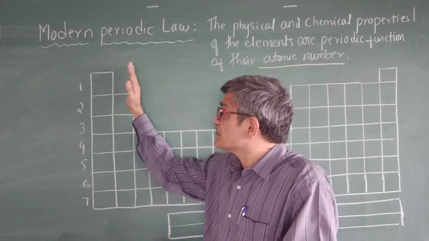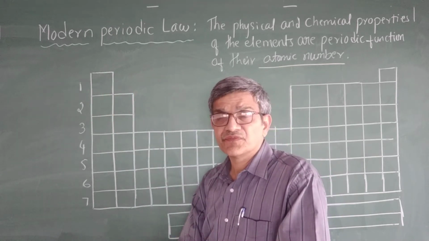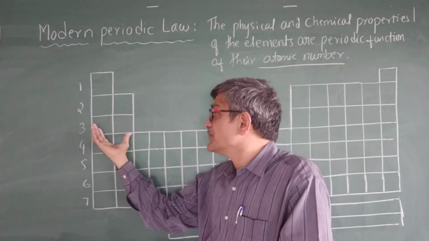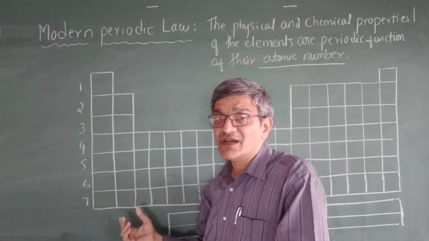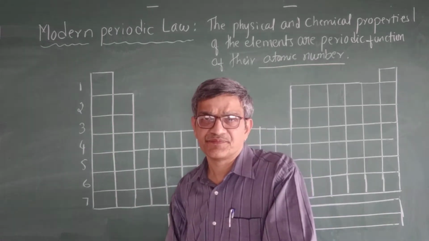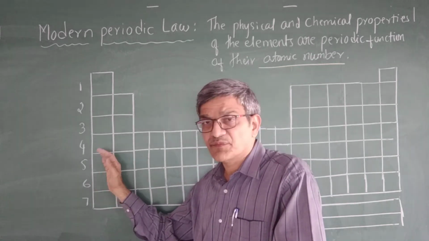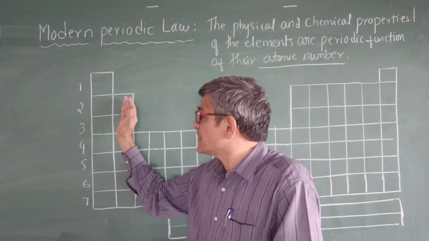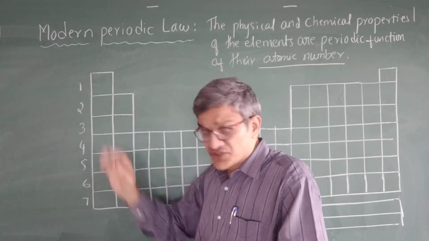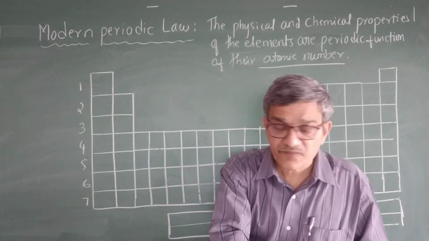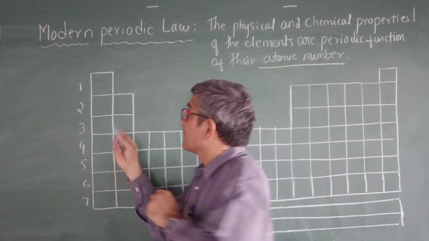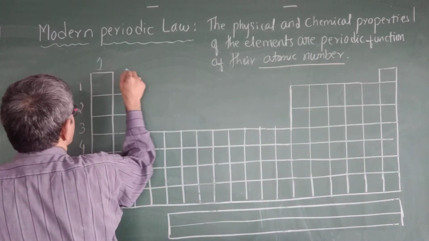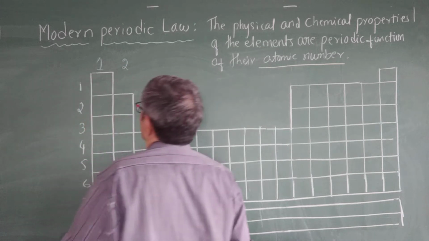Then the first and second group elements are called S block elements. Why they are called S block, we can discuss later. So this is the first group, and this is the second group.